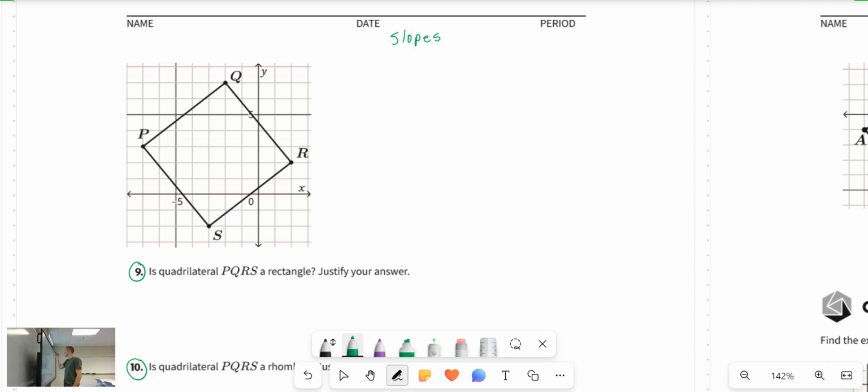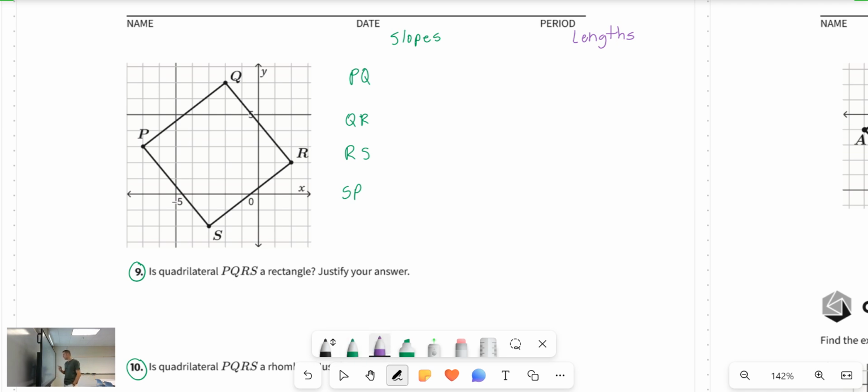We'll do slopes in green, and we'll do lengths in purple. So slopes, we have PQ, QR, RS, and then SP.